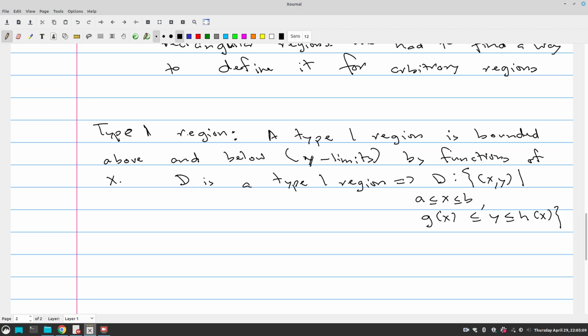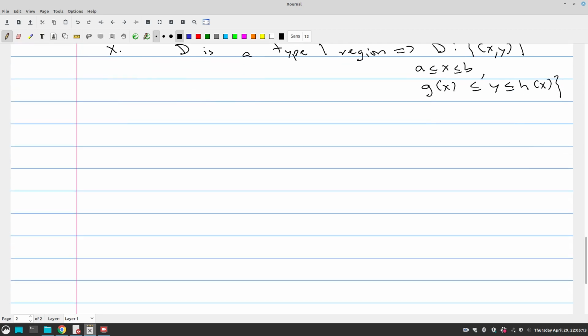Now let's try to sketch some type 1 regions. Type 1 regions on the xy plane, of course, because the xy plane is R2, right?